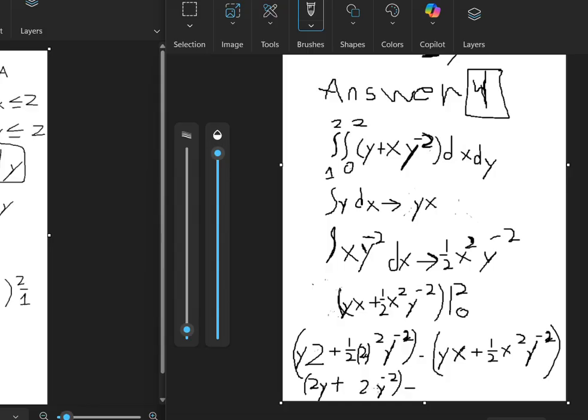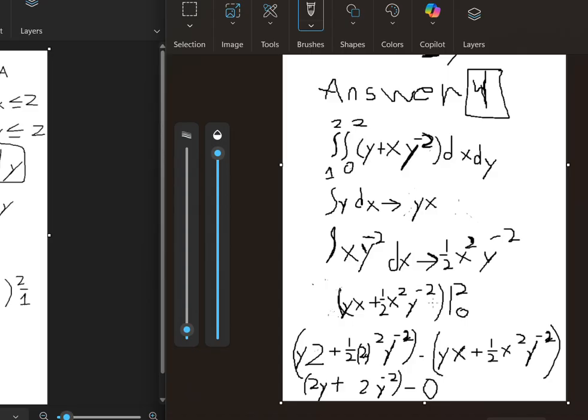So we get this. Now when we go over to YX plus 1/2 X to the power 2, Y to the -2, we have to use 0, and 0 times anything is 0, so we can just write 0 and then kind of forget about it.